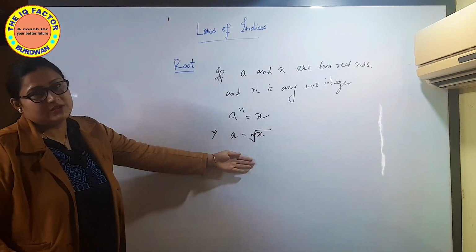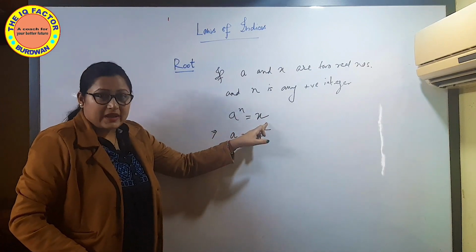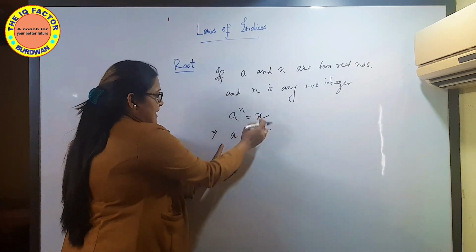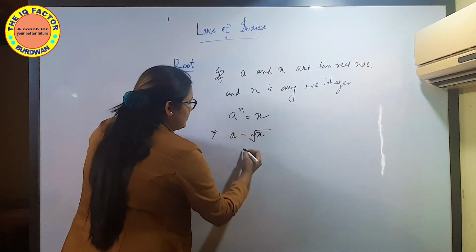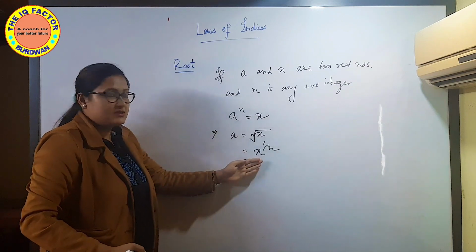That is very much important. A to the power n is equal to x, we can write A is nth root of x.